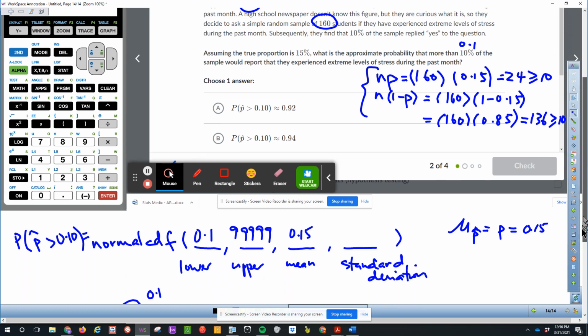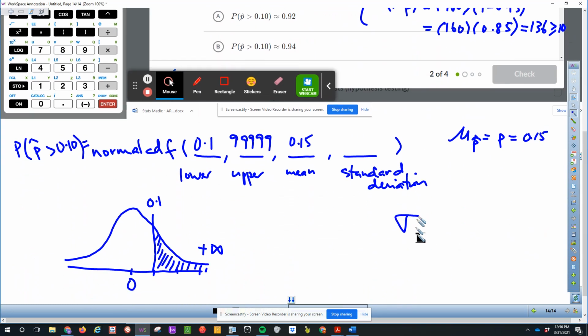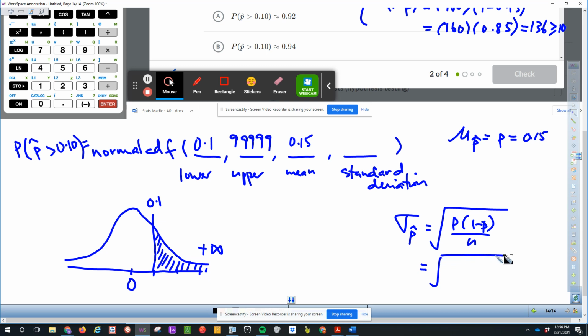Now, what is the standard deviation? The standard deviation of the sampling distribution of the sample proportion is the square root of p times 1 minus p divided by n. So we need to substitute those values in. p is 0.15. 1 minus 0.15, divided by n.